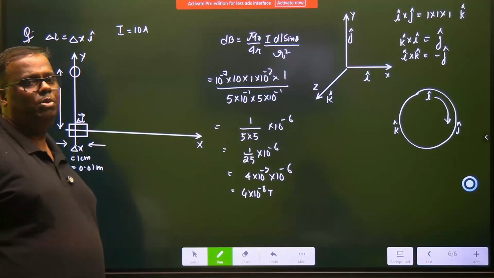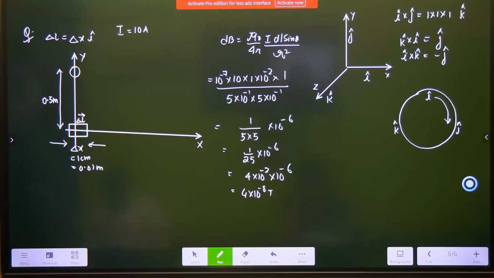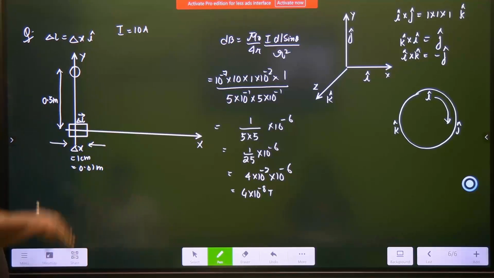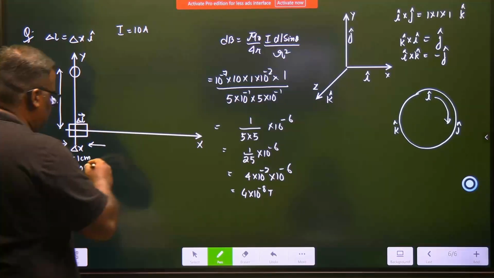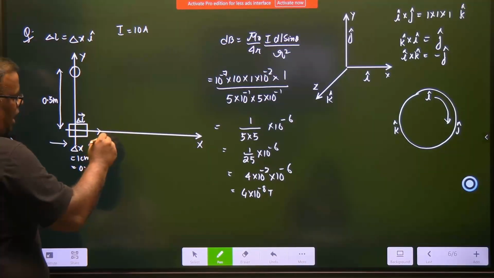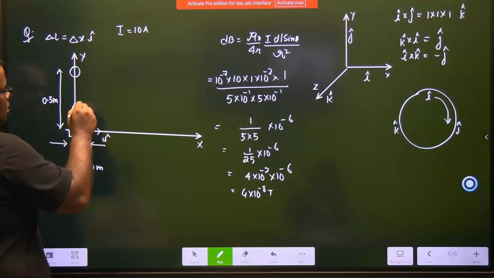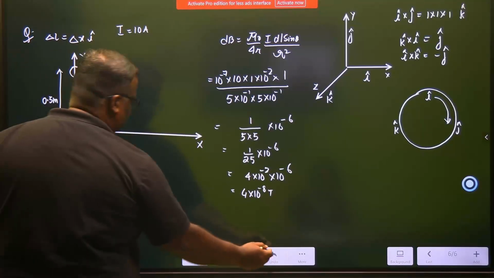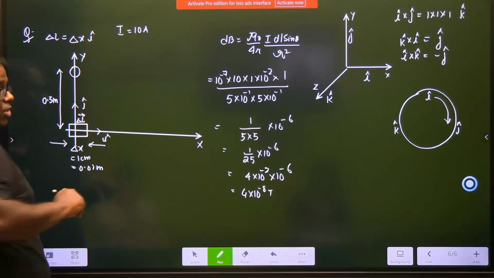Now tell me what will be the direction. Use your common sense. What is the direction? No, here don't put hands. Here direction is simple. The r unit vector. What is the unit vector you are playing with? I cap. And the r is with the unit vector what? J cap. Have you understood?